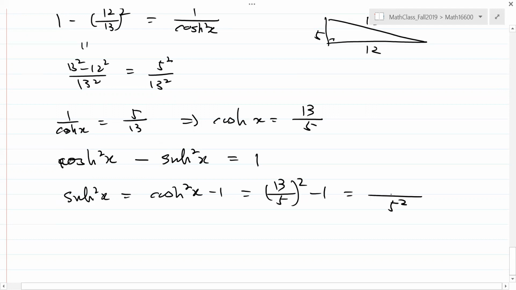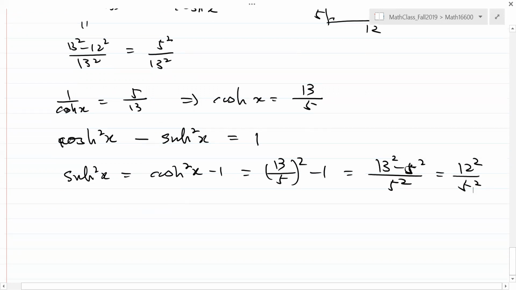And then again 13 squared minus 5 squared gives you 12 squared. Now the question is, what is the sign of hyperbolic sine x? Hyperbolic sine x is the same sign as tangent x, so it's positive. That's why I have 12 over 5.